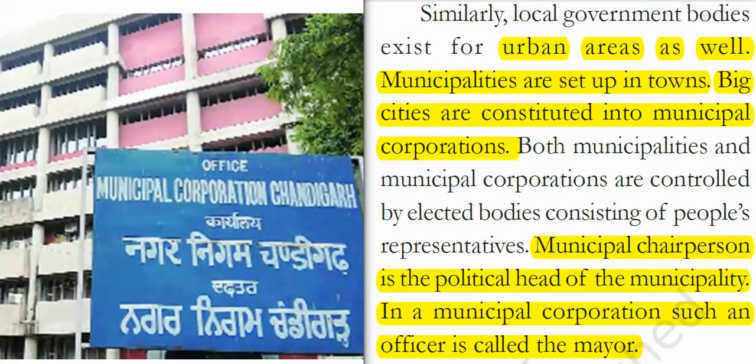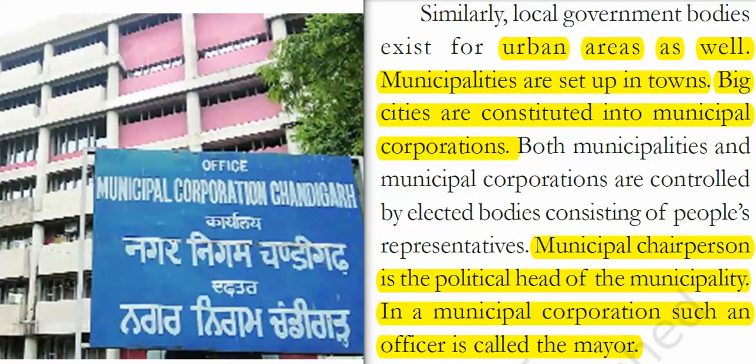Similarly, local government bodies exist for urban areas as well. Municipalities are set up in towns. Big cities are constituted into municipal corporations. Both municipalities and municipal corporations are controlled by elected bodies consisting of people's representatives.